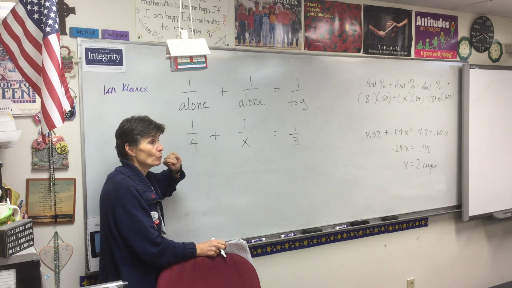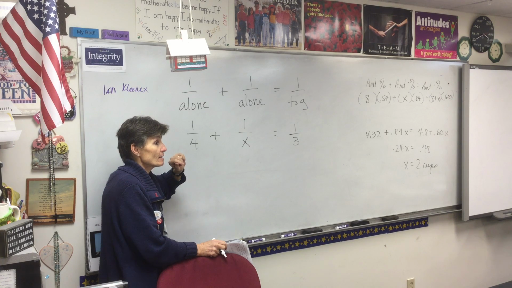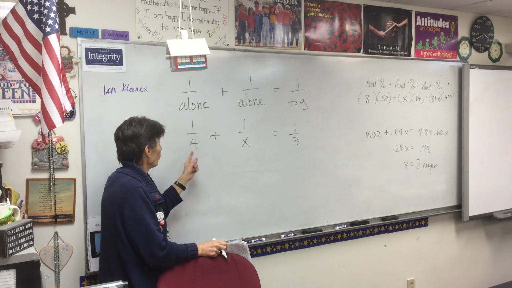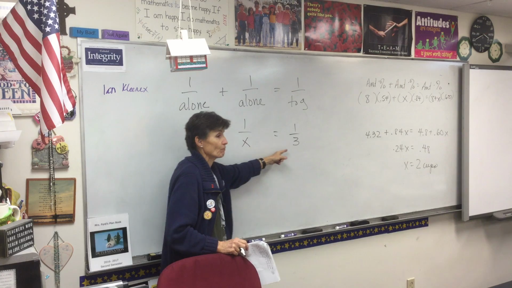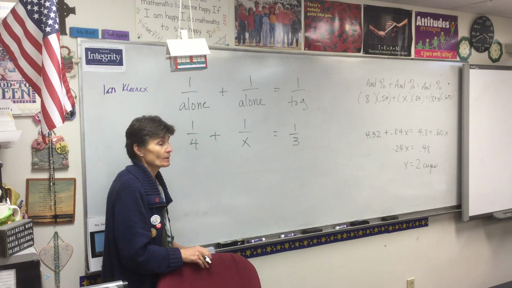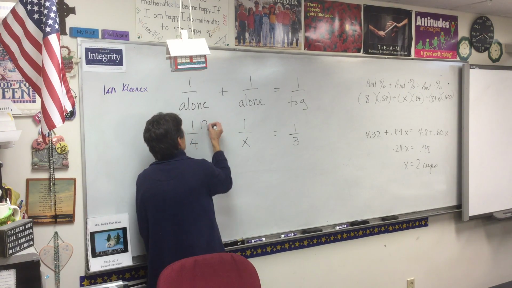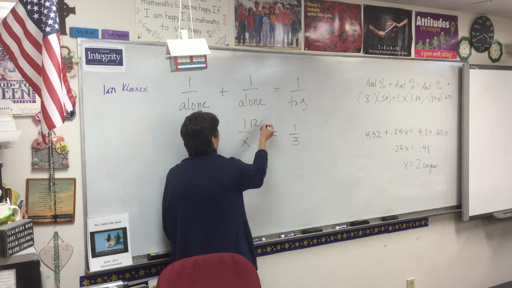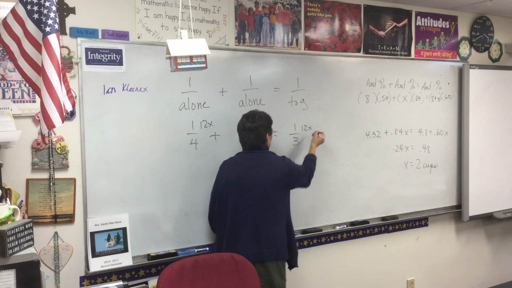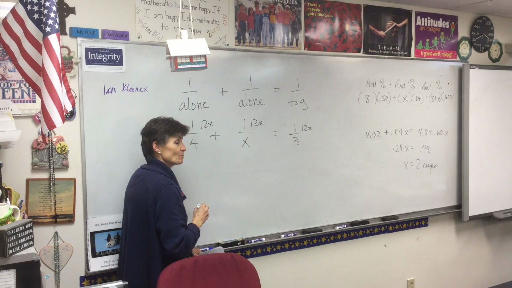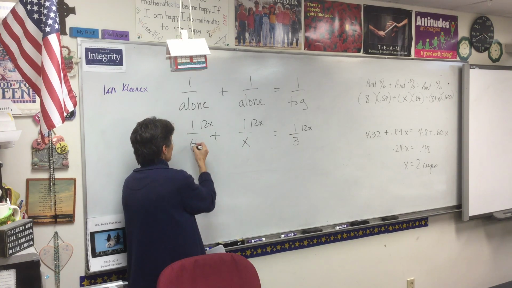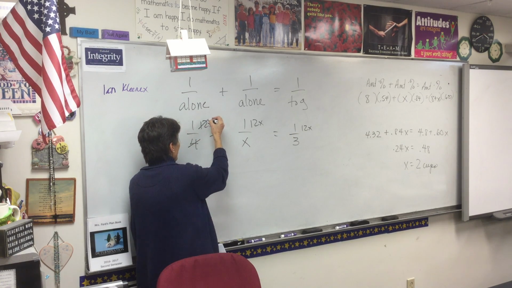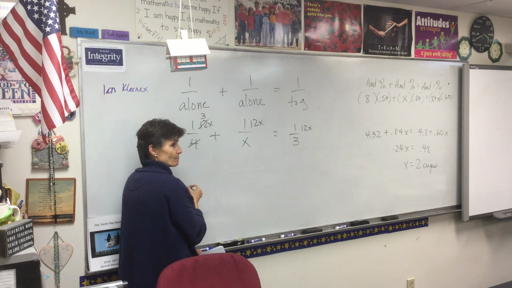multiply through by our common denominator. What's the common denominator for 4x and 3? 12x. So we're going to multiply everything by 12x. And we're going to be left with a simple little equation. 4 goes into 12 3 times.